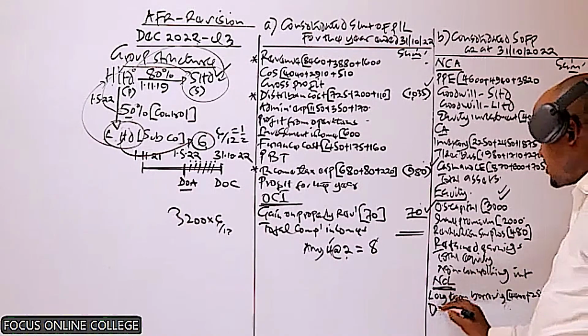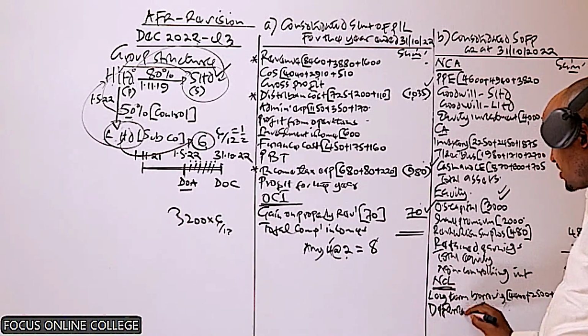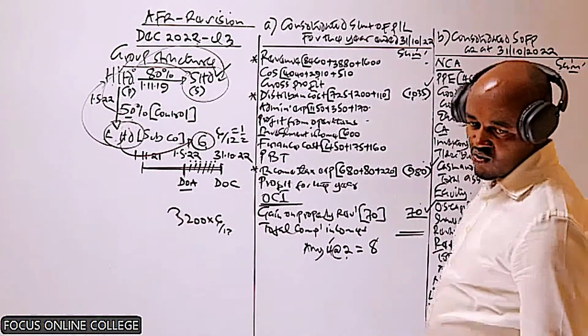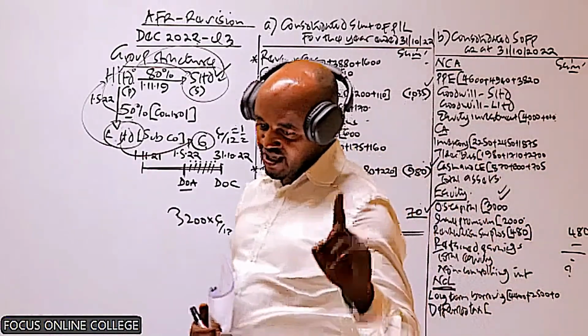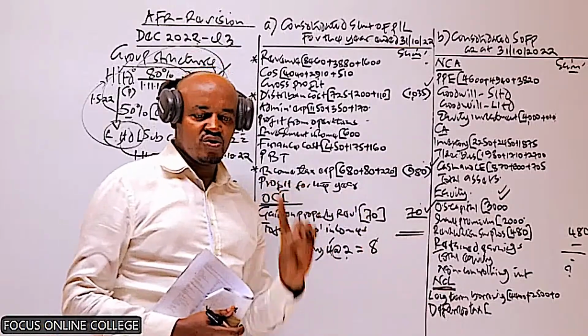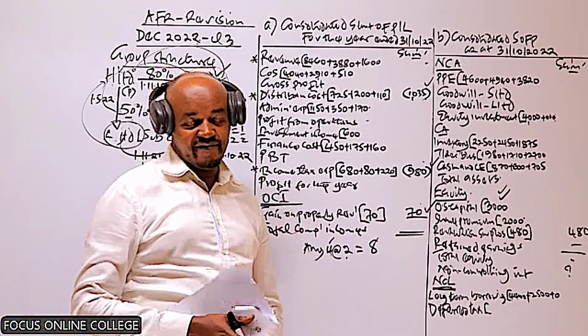Then below there is deferred tax. I say that in these questions for group accounts, whenever you see an item for tax, be it a tax in the income statement or a tax here, it does not have any adjustment. This is another free mark.